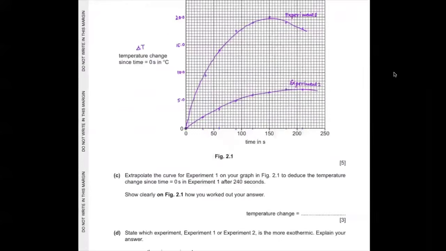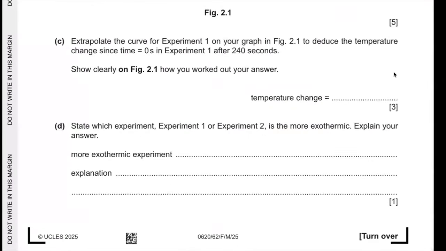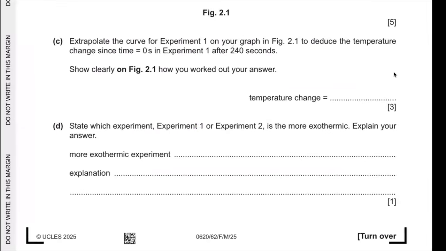Okay. Now, what they are saying: extrapolate the curve for experiment 1 on your graph in figure 2.1 to find the temperature change since time equals 0, in experiment 1 after 240 seconds. Okay. Show clearly on figure 2.1 how you worked out your answer.